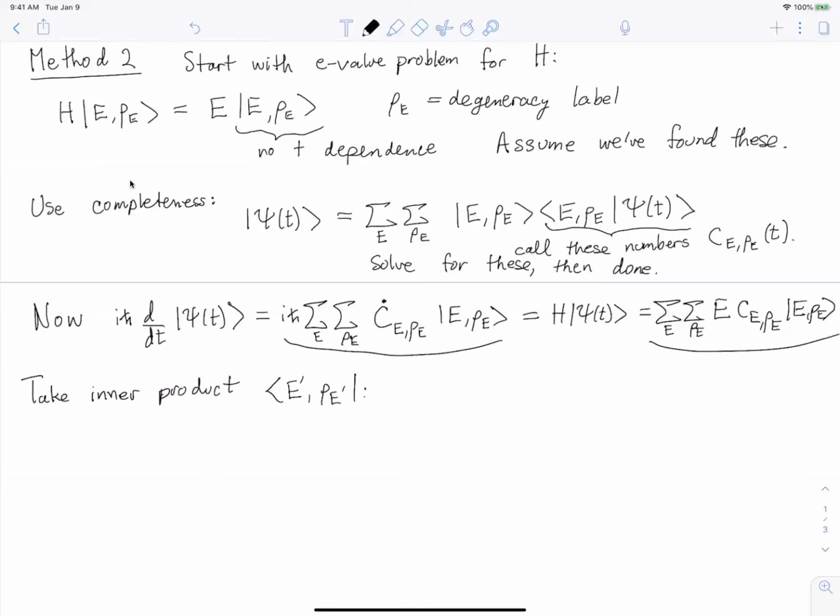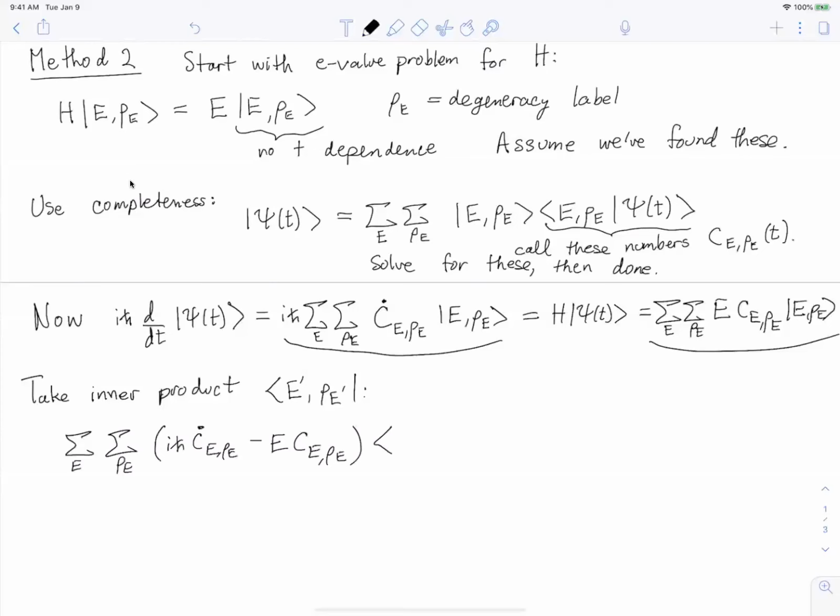Okay, so what we get is both terms have a sum over energy, a sum over degeneracy label, and then the first term is i h bar C sub E, rho sub E time derivative. And the other term, when I move it to the other side of the equation, is minus E C sub E, rho sub E with no dot.